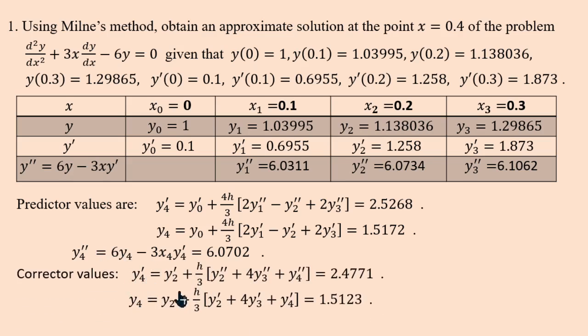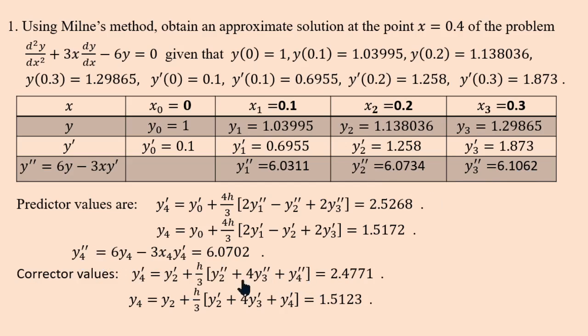First calculate y4 dash, y2 dash, here y2 dash is 1.258 plus 0.1 by 3, y2 double dash, here plus 4 into y3 double dash plus y4 double dash, substitute here.